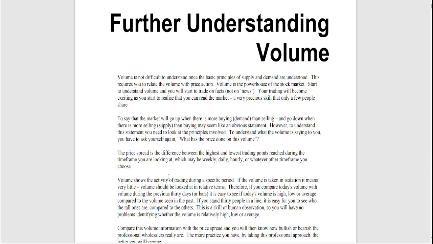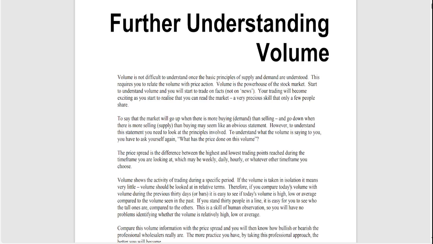You have to use it in relative terms, like today's volume with yesterday's volume, today's volume with two days ago volume, this hourly volume with the previous hourly volume, this 5 minute candle volume with the previous 5 minute candle volume. So you have to relate the volume with the previous 10 to 20 volume bars, then you will have a sense of it.